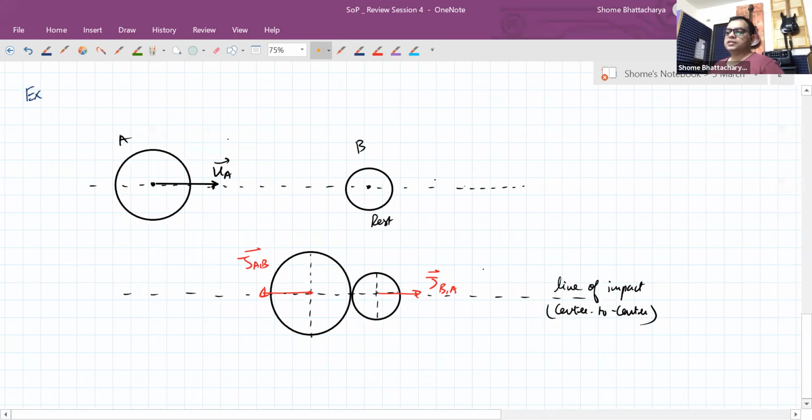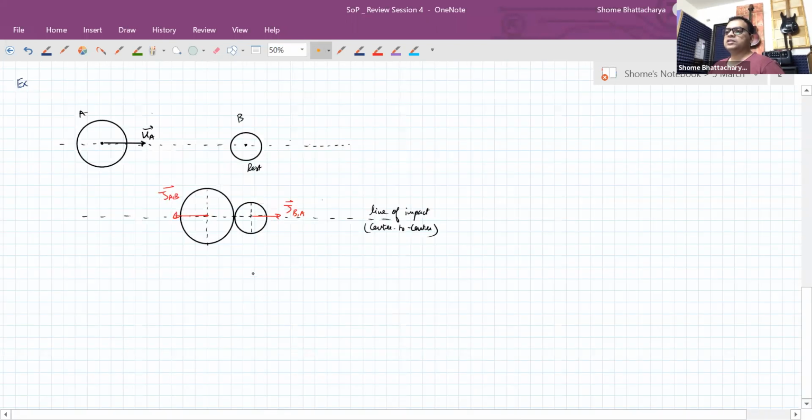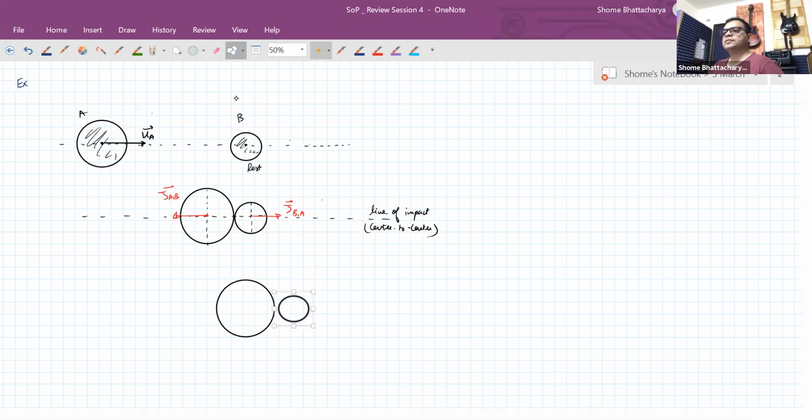And because the initial momentum of the disk or sphere colliding with the stationary one is along that center to center line of impact, the final momentum after the impact will also be along the same axis.